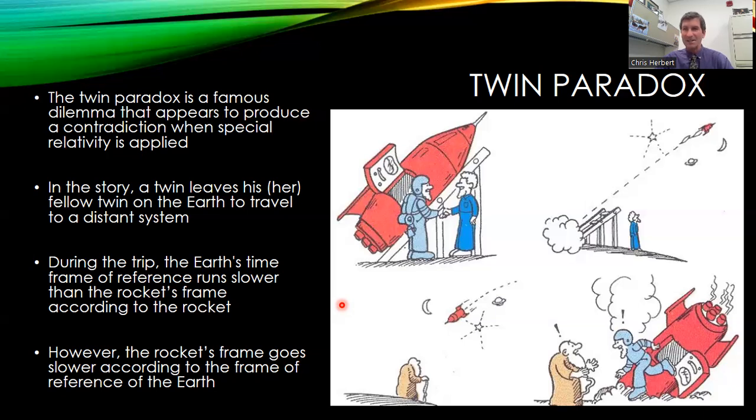The rocket returns back to Earth, and the twins are surprised to find out, well, no, if they have the technology to travel near the speed of light, they would have known that this was going to happen. But when the twin returns to Earth, a little bit of a rough landing right there, the astronaut twin is much younger than the twin who stayed behind. And again, this goes to that whole time dilation effect of traveling near the speed of light, where time runs differently in the two.